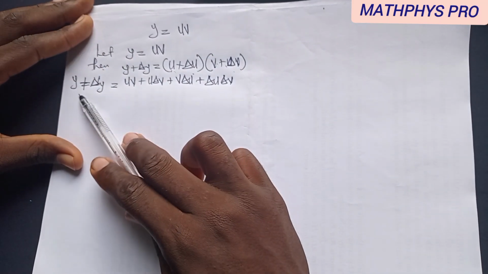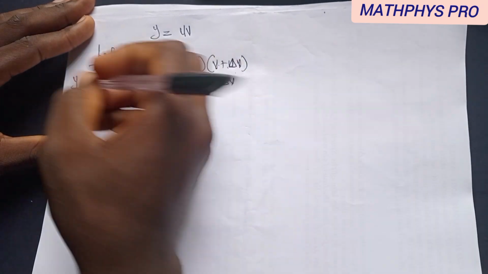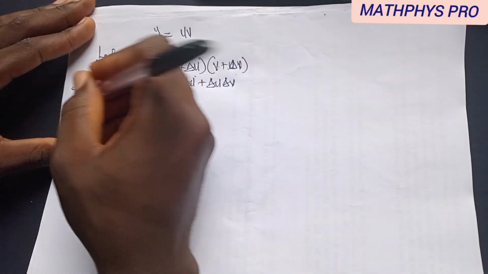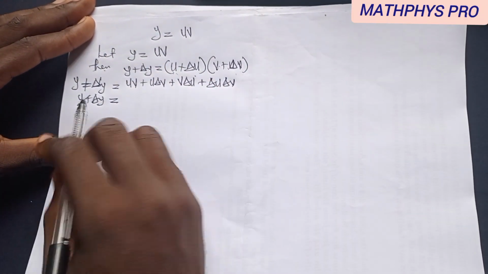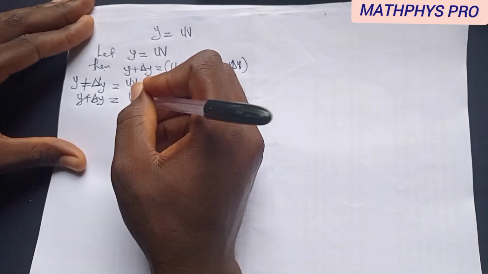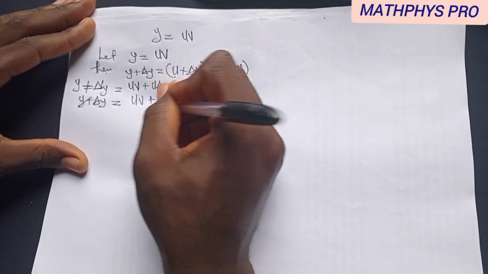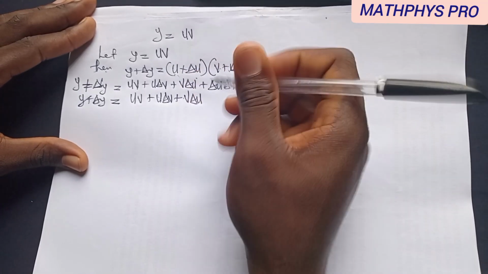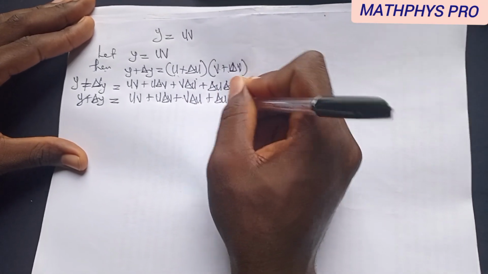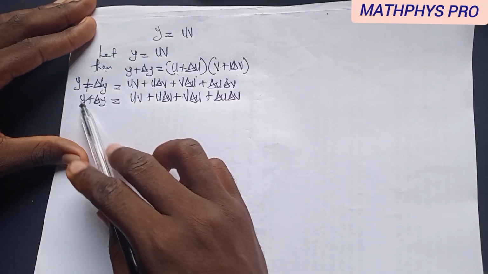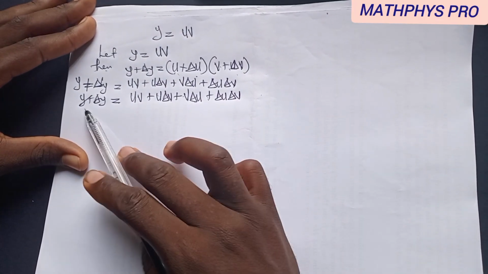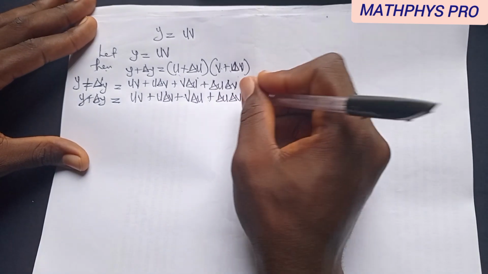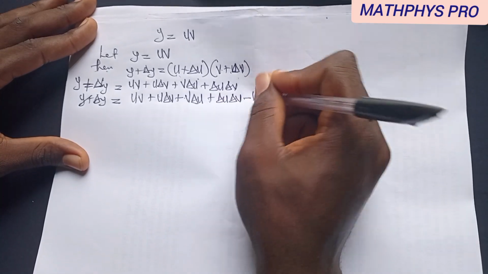If we take y to the other side of the equation, change in y will be equal to uv plus u change in v plus v change in u plus change in u change in v. Since we've moved y to the other side, y will carry a negative sign, and y is equal to uv, so we have minus uv.